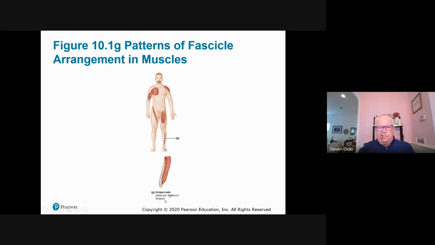It allows you to do this. Your digits are also in your feet. So this muscle, the extensor digitorum longus, is in your leg, but it allows you to extend your toes.